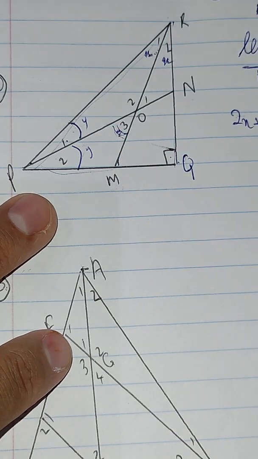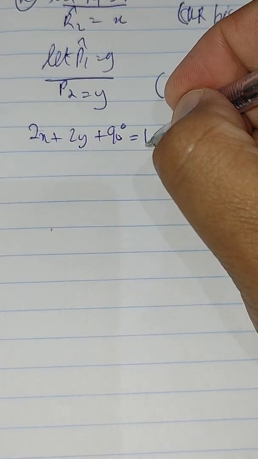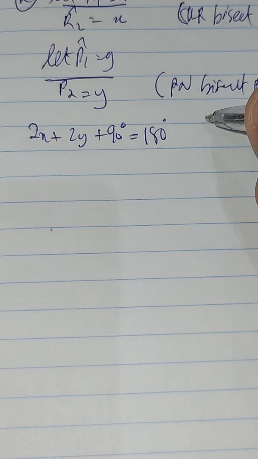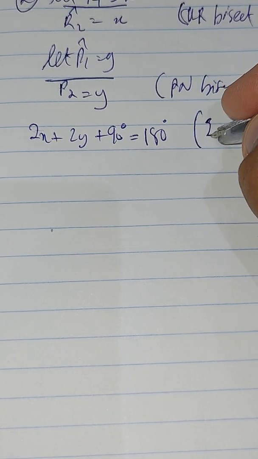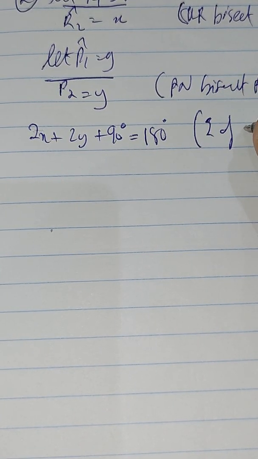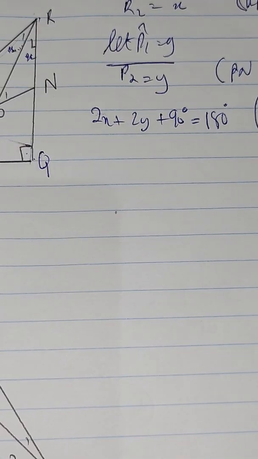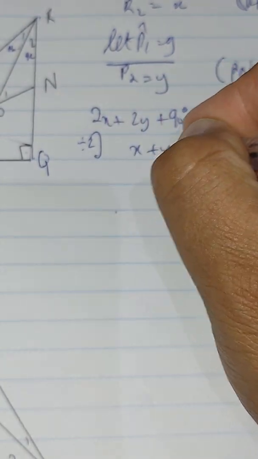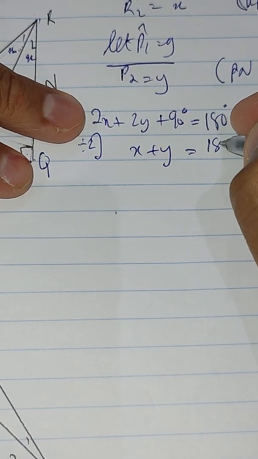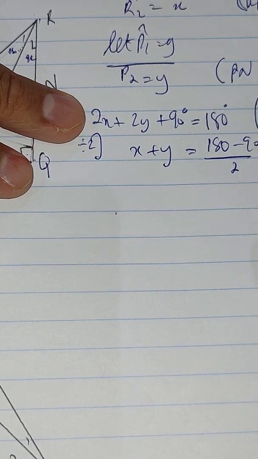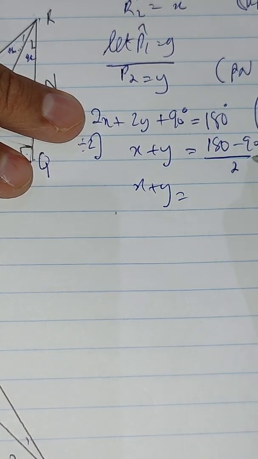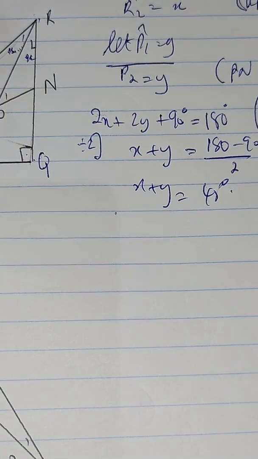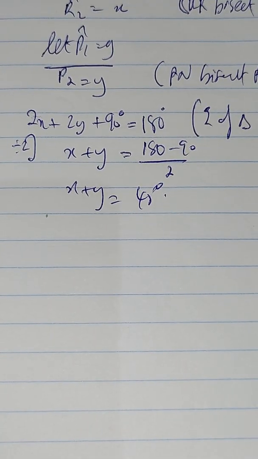Now we take the 90 over, and divide by 2. So x plus y equals (180 minus 90) divided by 2. So x plus y works out to be 45 degrees. The sum of x and y is 45 degrees.